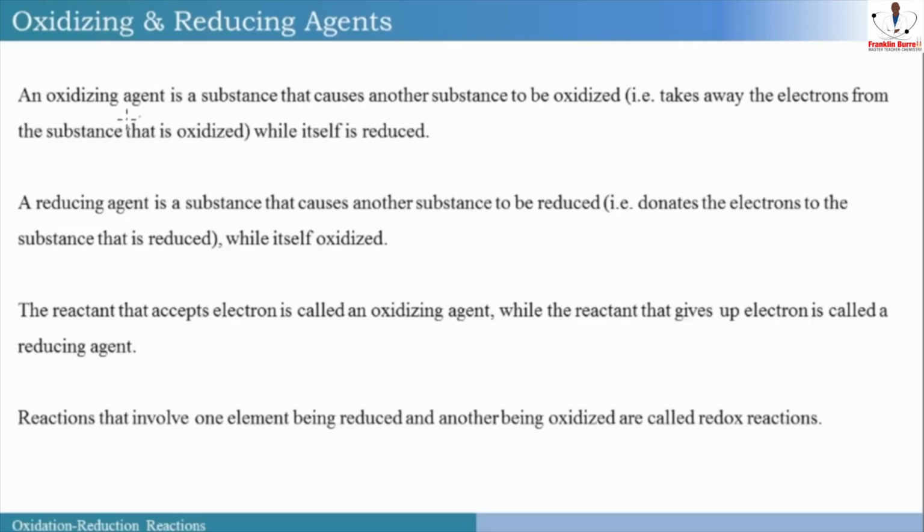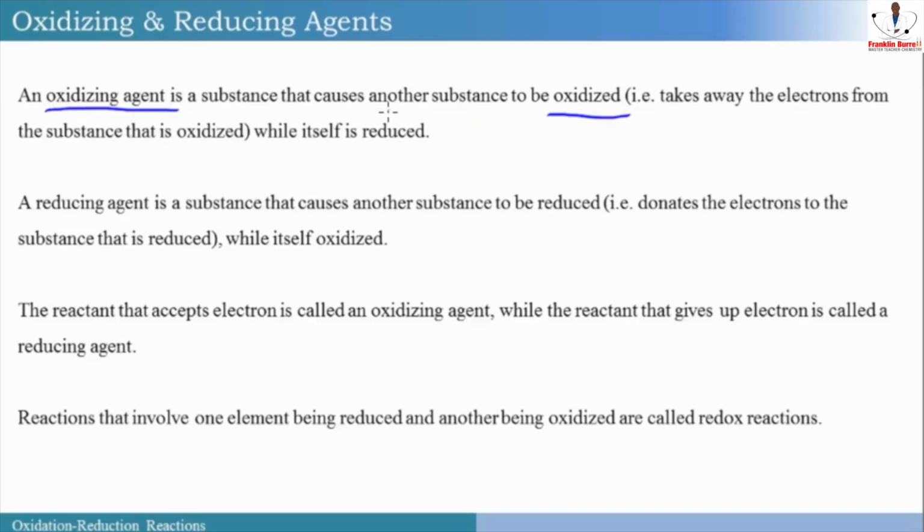An oxidizing agent is a substance that causes another substance to be oxidized. So here we say the oxidizing agent is causing something else to be oxidized. In other words, it is taking away electrons from the substance, causing the substance to lose electrons.